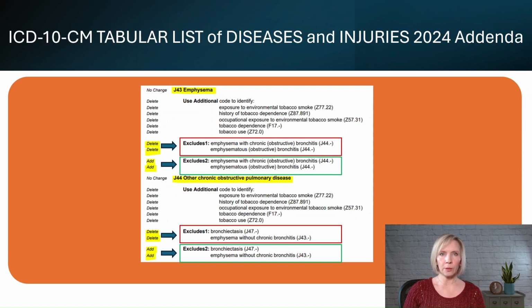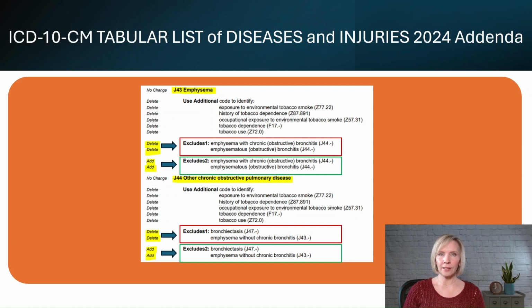Emphysema was considered to be the more specific code for COPD in these instances since it represented the specific type of COPD. However, effective with the fiscal year 2024 updates, this Excludes1 note has been changed to an Excludes2 note.